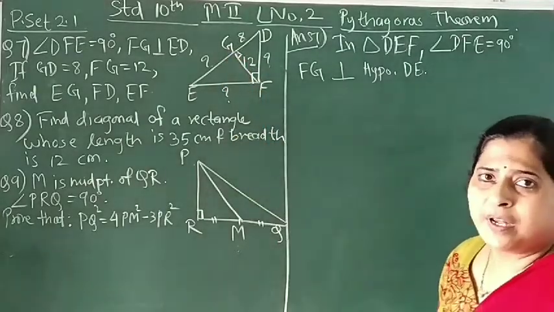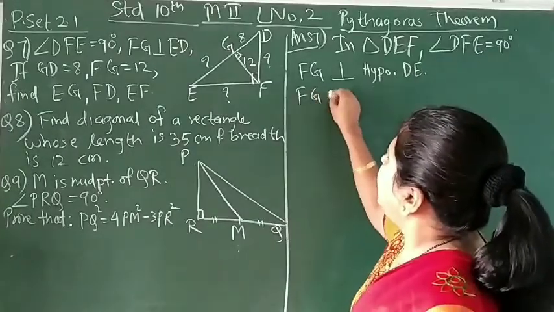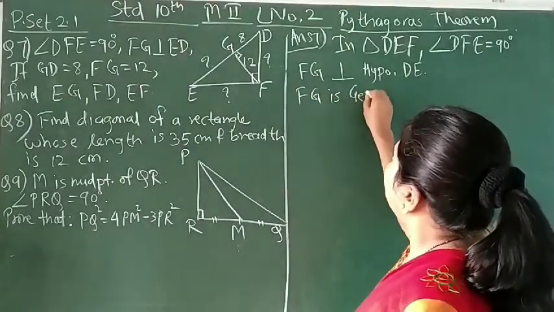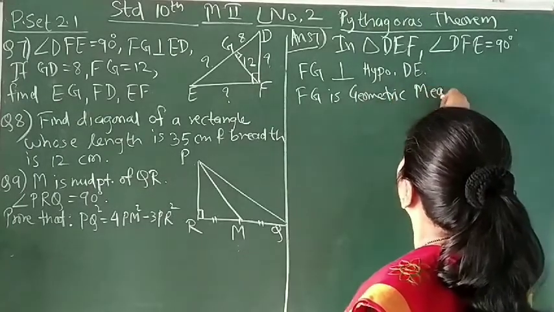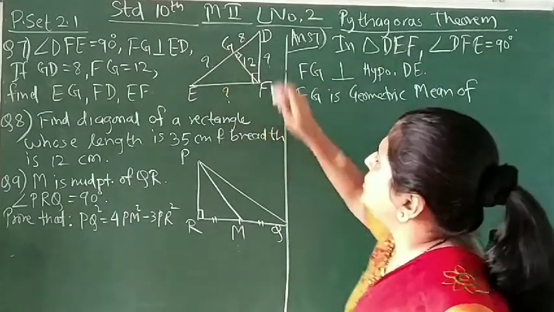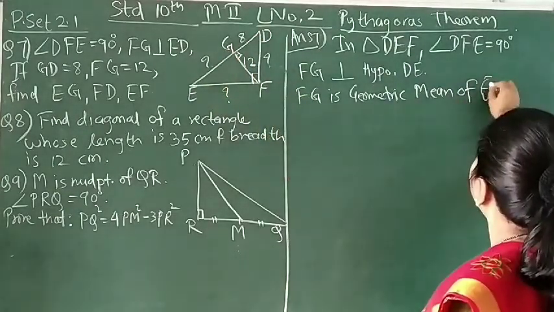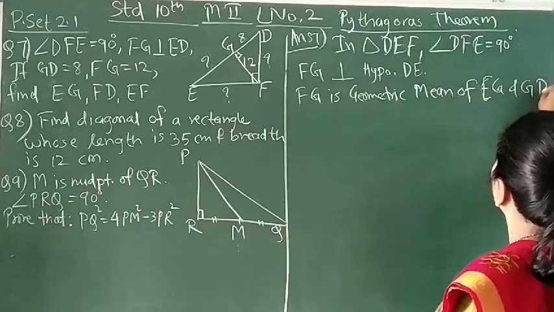Now using the geometric mean property, we can say that FG is the geometric mean of segments EG and GD.